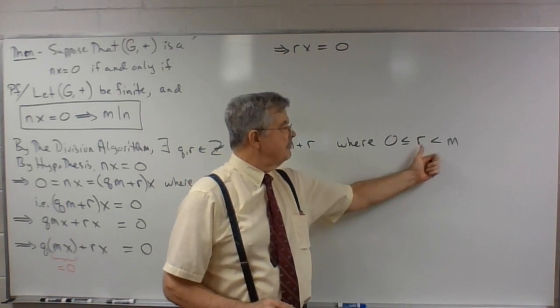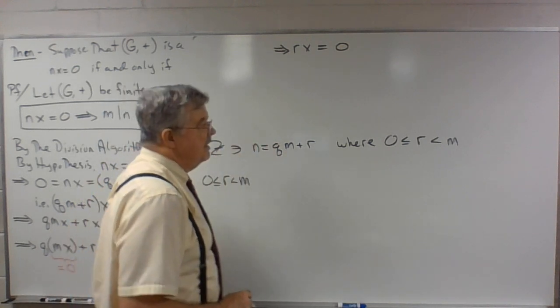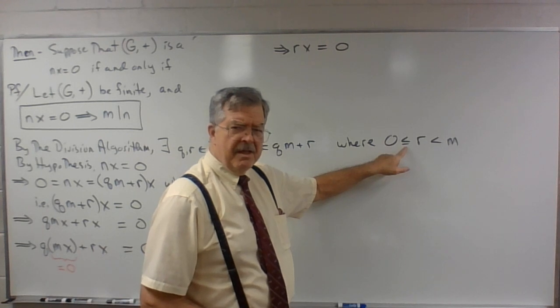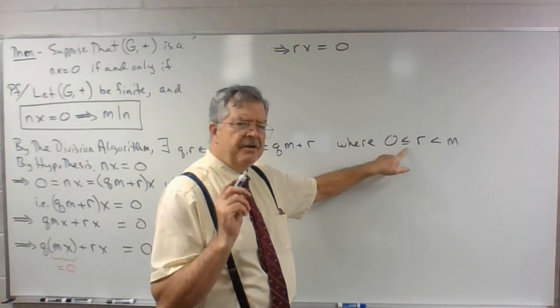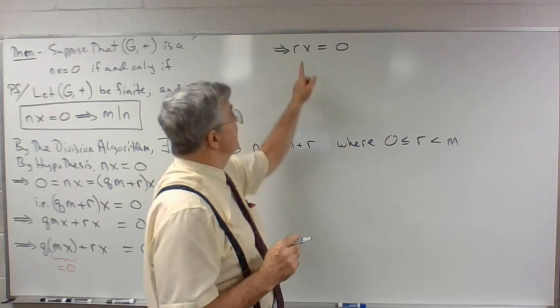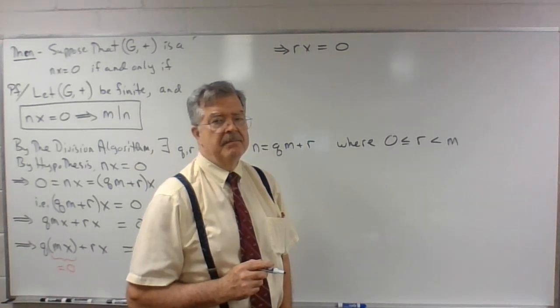It's either a natural number or it's 0. Now, if r is not equal to 0, then r is a natural number less than m, and rx equals 0, the identity.